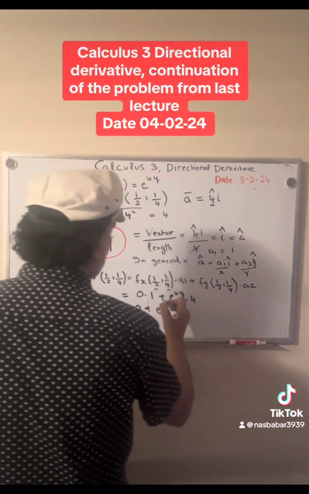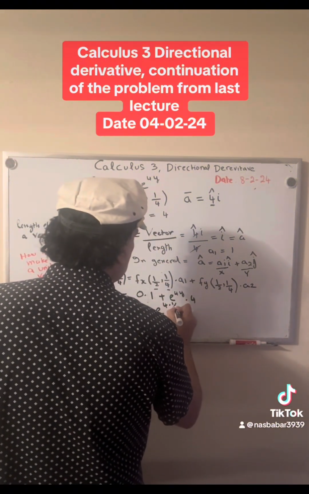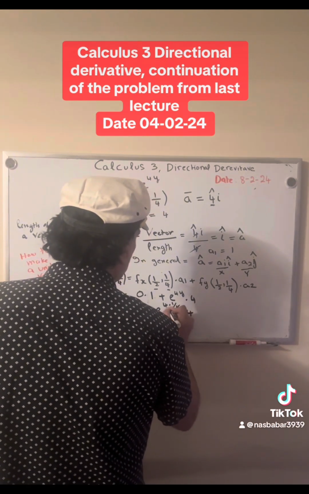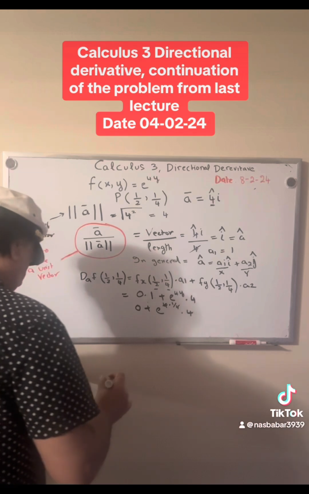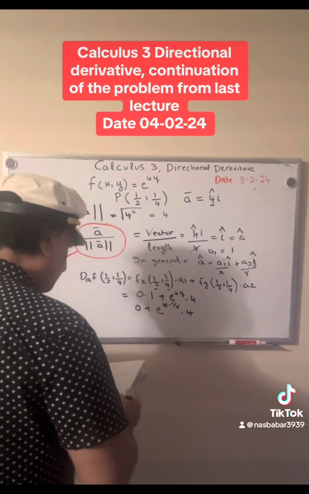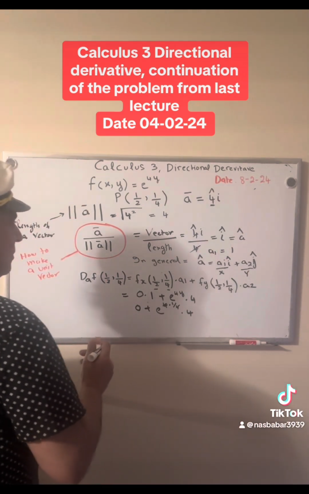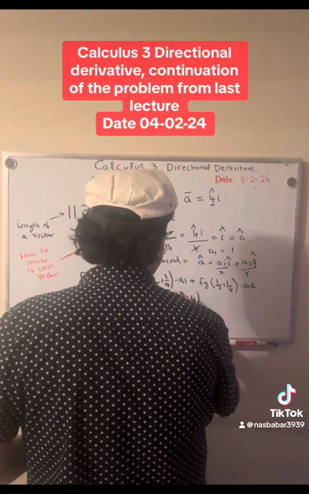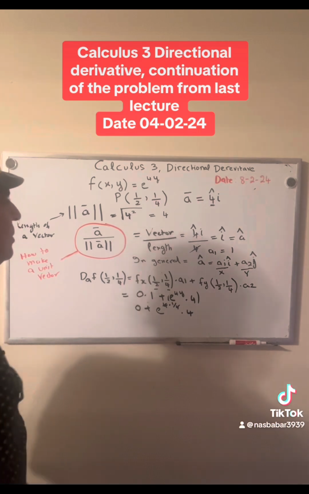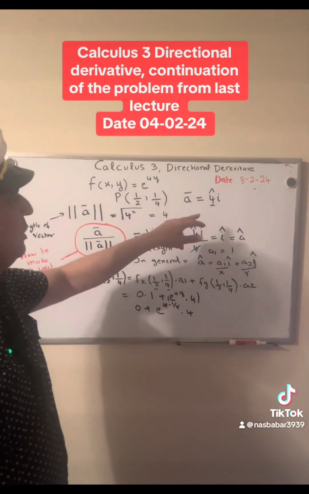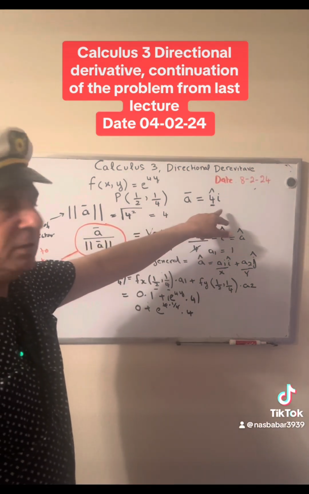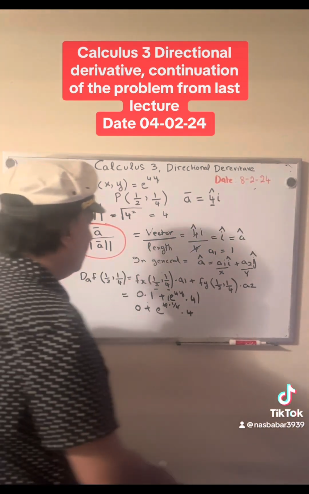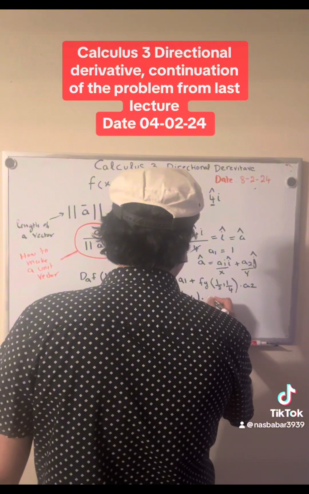Y is 1 over 4, multiplied by 1 over 4 times 4. This 4 cancels, okay? And then we have to multiply this by the weight. Now let me ask you this. In this particular vector, you have x component. Is there a y component? I don't see a y component. So this is going to be multiplied by 0.